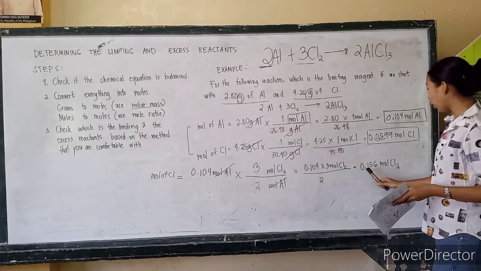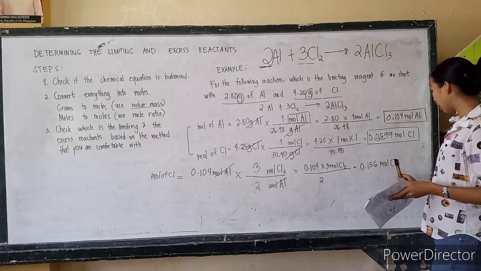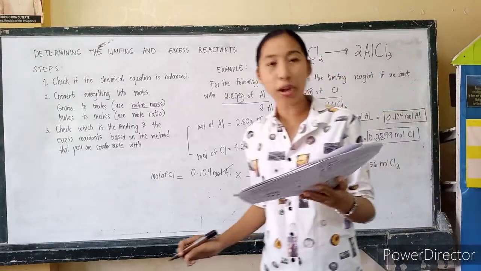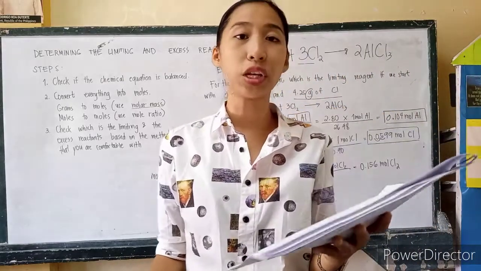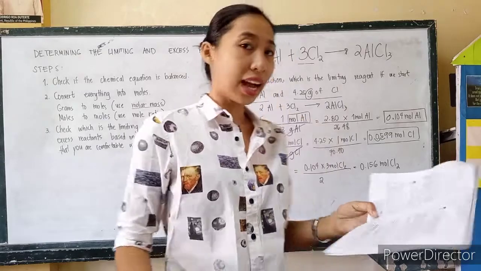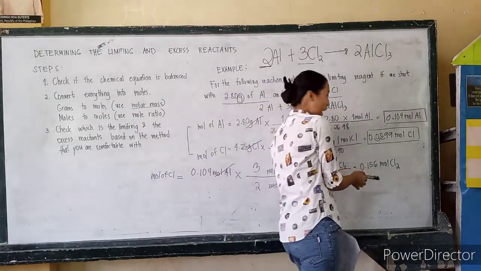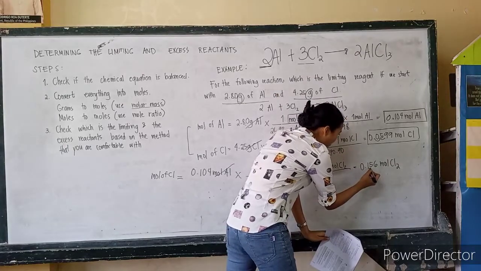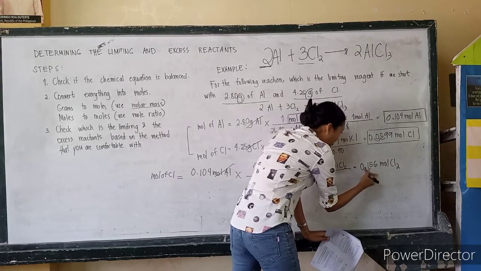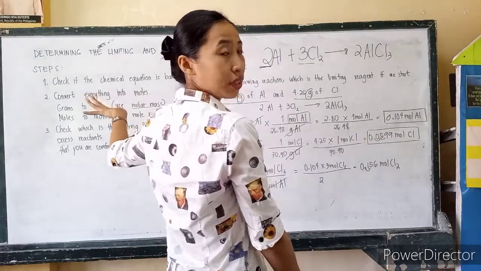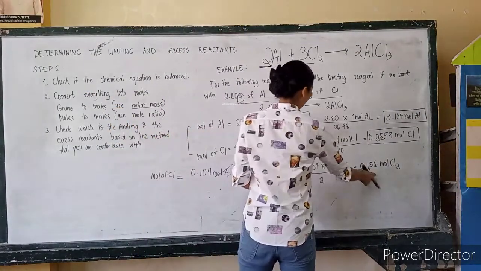Okay? 0.156 mole of Cl2 is the answer. In your module it is 1.56 times 10 raised to the power of -1. It is the same value; I just moved the decimal point 1 place to the left. Okay? So, it is the same.